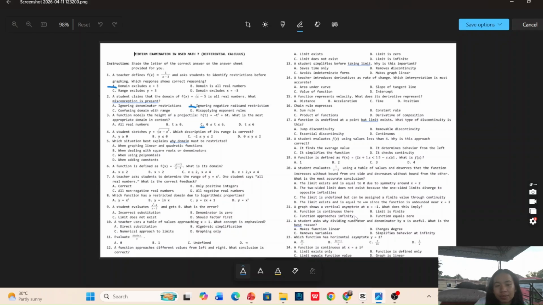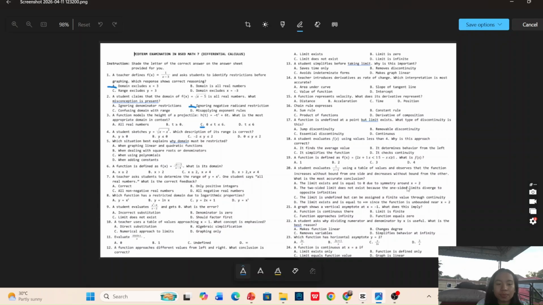And all we just need to do is to transpose 2 on the other side. Therefore, the first thing to consider is x is greater than or equal to 2. And for the denominator, x minus 4, that would be x minus 4 equals 0, and then transpose 4 on the other side. So therefore, x must not be 4.